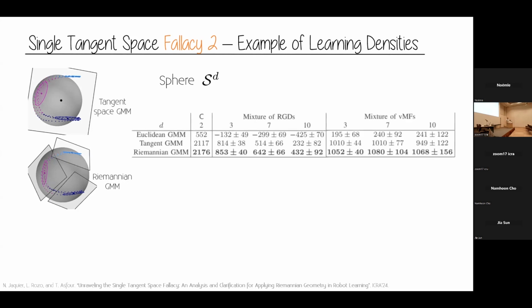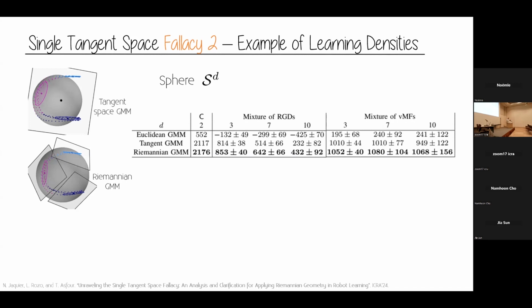What we did here was to run the same three approaches that I explained before. Euclidean GMM, which doesn't consider the geometry at all, so let's disregard the geometry. The other one is, let's use the tangent space and train a GMM there. And the third approach is the Riemann GMM that we observe here on the left.